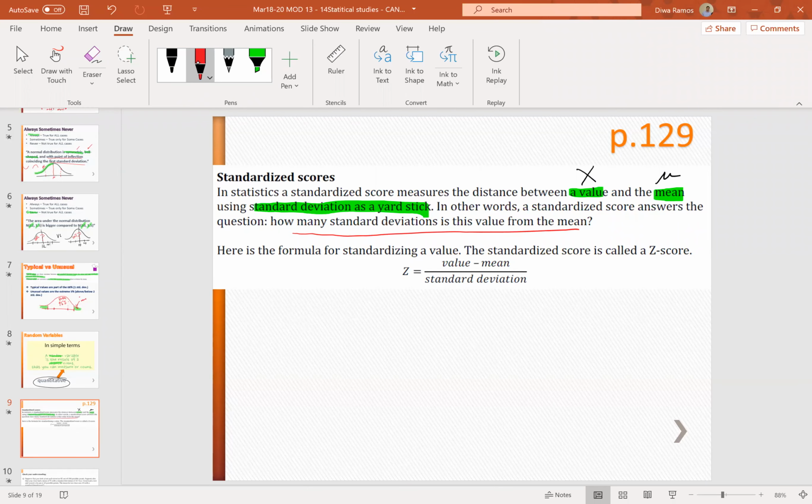For example, with a mean of 10 and going up by 5 for each standard deviation, this must be a 5 and this must be a 0. So here, the value x equals 20.